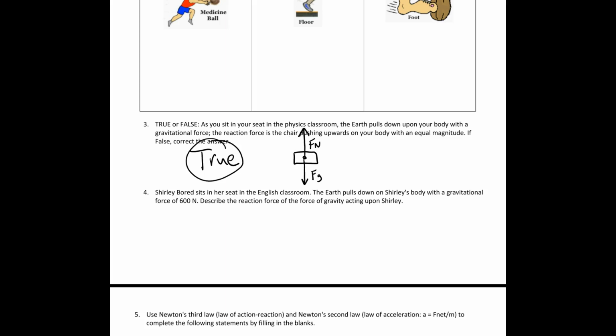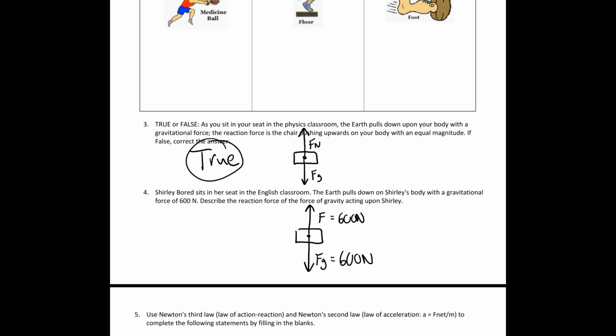Shirley Board sits in her seat in the English classroom, because it's English, so Shirley, she's bored. The earth pulls down on Shirley's body with a gravitational force of 600 newtons. So we could draw a free body diagram. Fg equals 600 newtons. Describe the reaction force of the force of gravity acting upon Shirley. Surely it must be 600 newtons in the opposite direction.